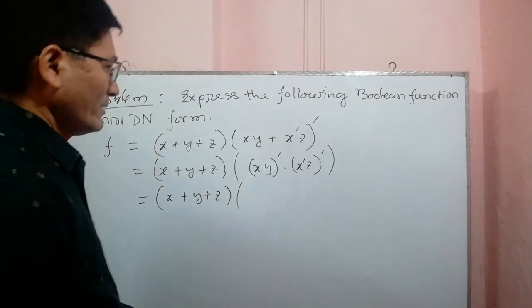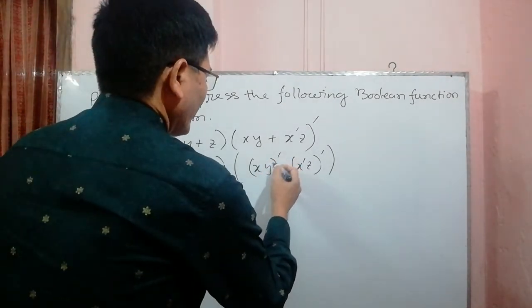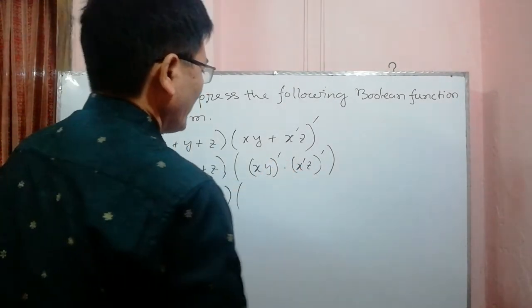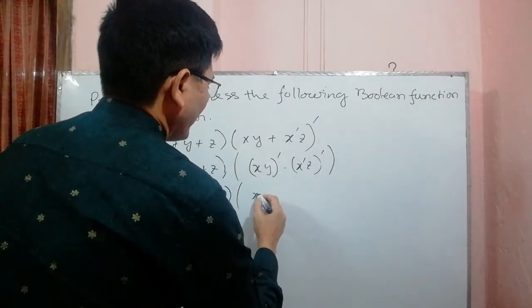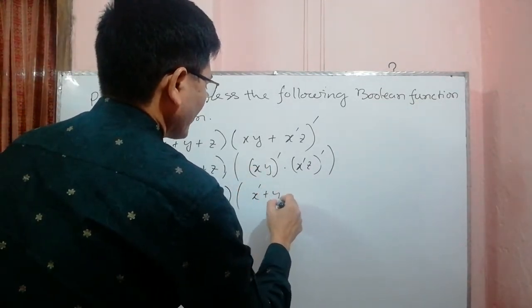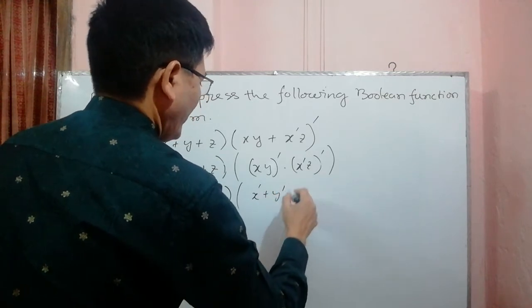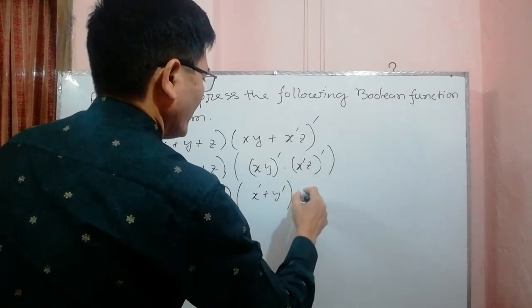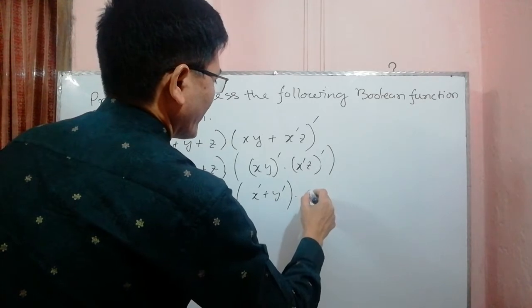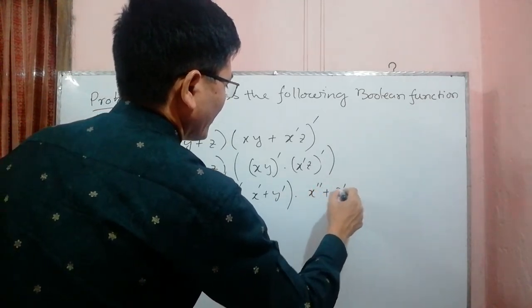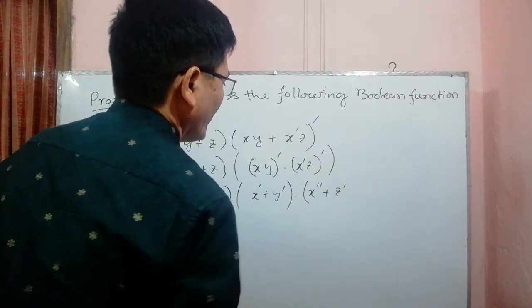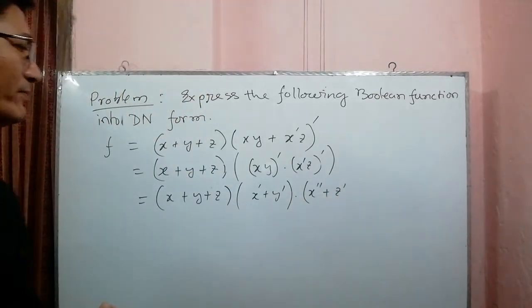So we are now using another De Morgan's law: x complement plus y complement, and this is x double complement plus z complement.